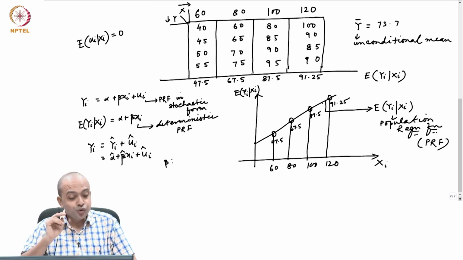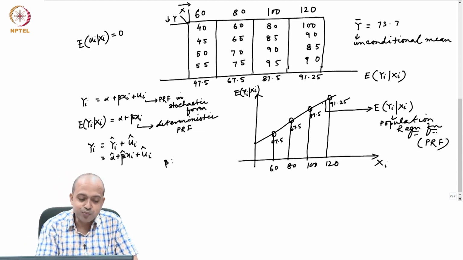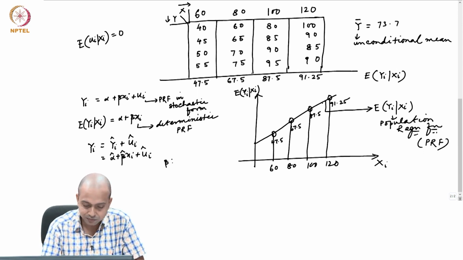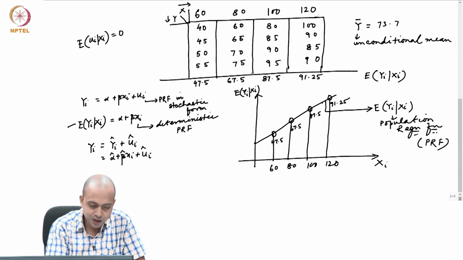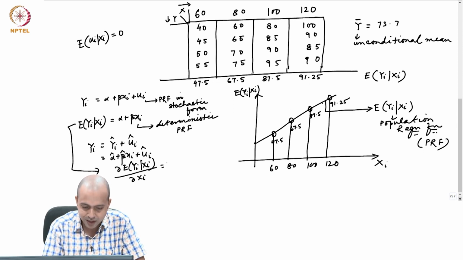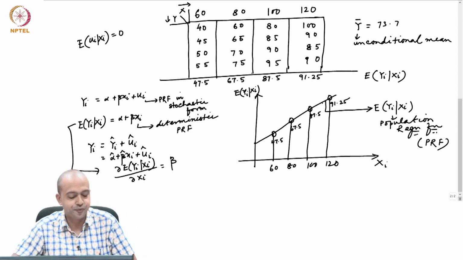So, what do we need to do then? We first take the expectation, and the expectation of yi given xi becomes alpha plus beta xi. If you differentiate delta expectation of yi given xi with respect to delta xi, that now becomes your beta.